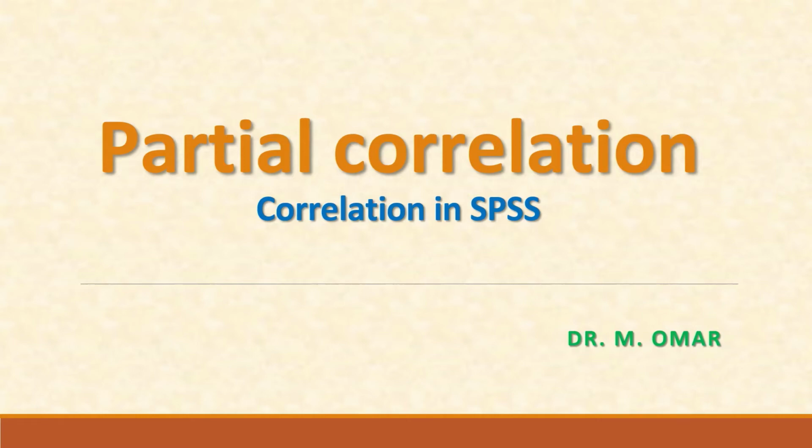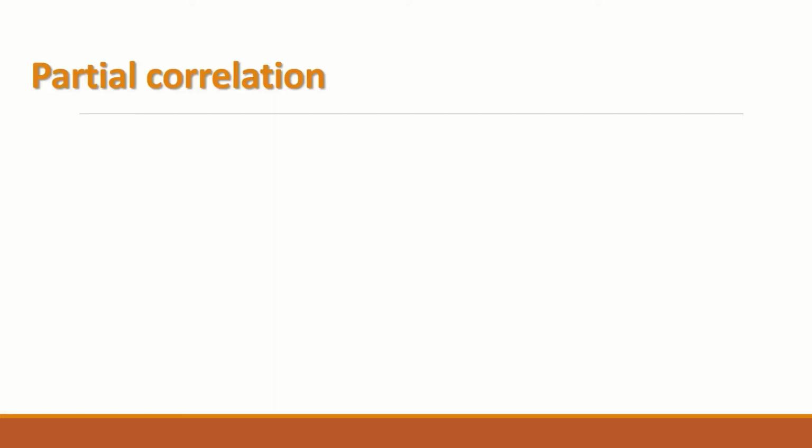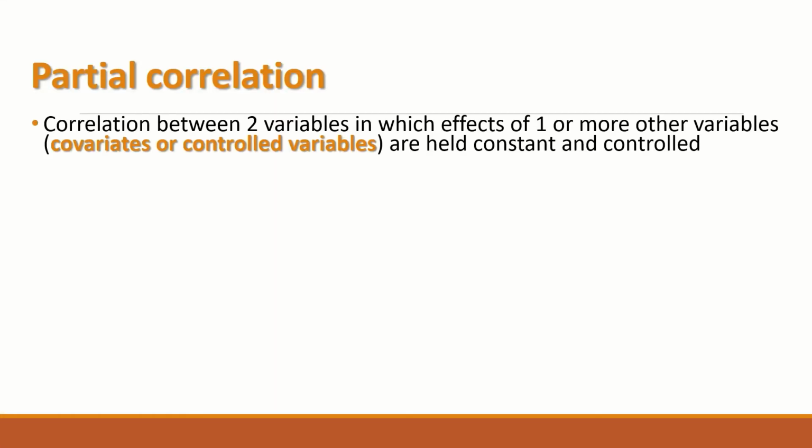Partial correlation. Partial correlation is a correlation between two variables in which the effect of additional 1 or 2 or 3 or 4 variables, in this case called covariates or controlled variables, whether it's 1 or 2 or more, are held constant and controlled when we do the correlation between those original two variables.